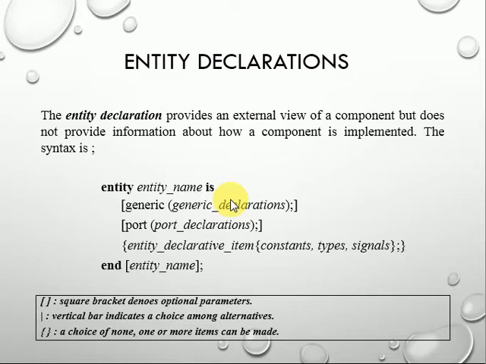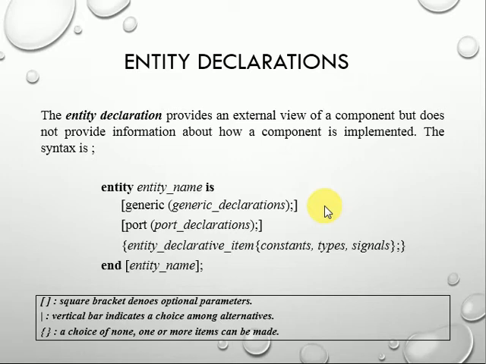After that we need to declare generic parameters. This is optional, whatever is written in the square brackets is optional. If we want, then only we write these generic declarations, or otherwise we can skip them.